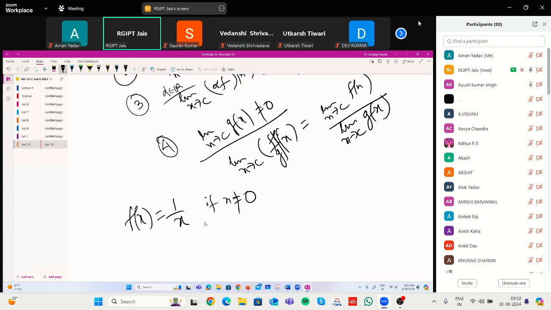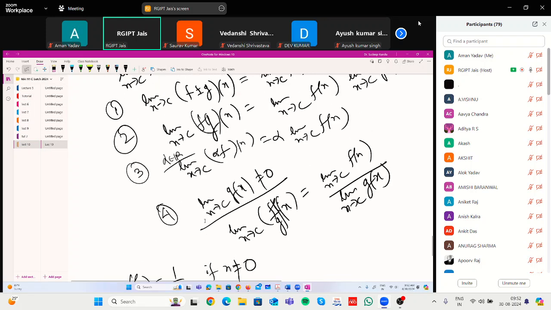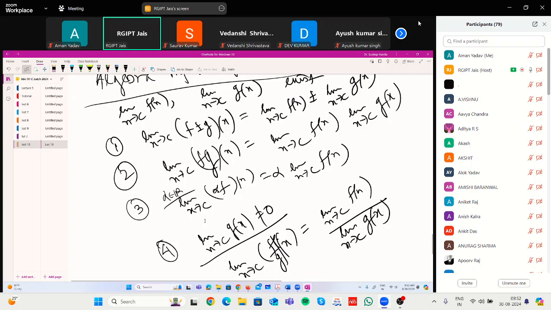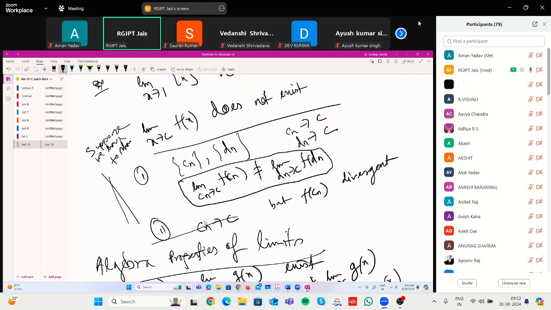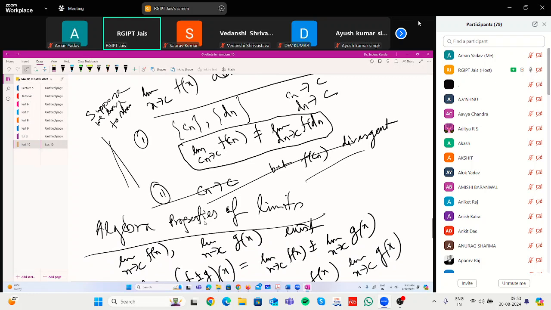Till now, whatever we have studied, before 1 and after 1, different values will come for less than 1 and greater than 1. Yeah, so suppose we have studied sequences, right? So using sequences, how will you say? I have already written, right? Is not it? This one I have written. Cn tends to C, but f of Cn is divergent.